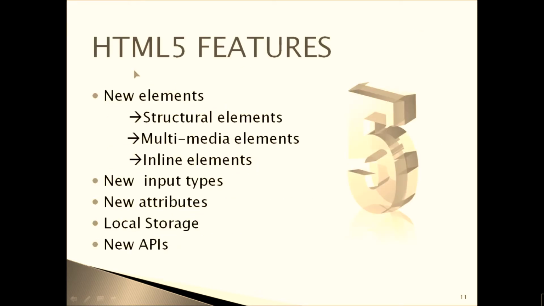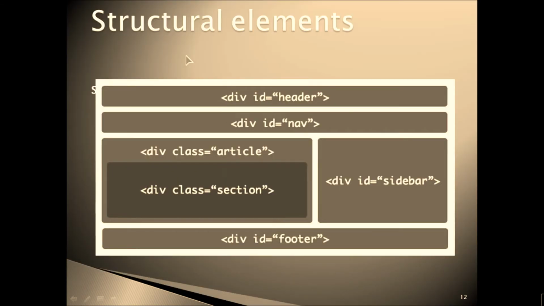So what features does HTML5 have? It has new elements: structure elements, multimedia elements, and inline elements. It has new input types, new attributes, local storage, and new APIs. These are just some structure elements we have: div ID, header, footer.